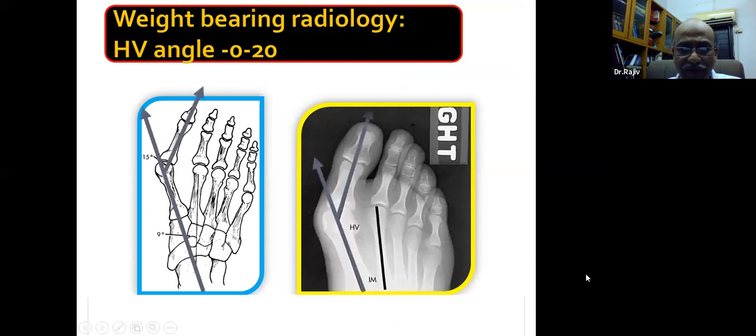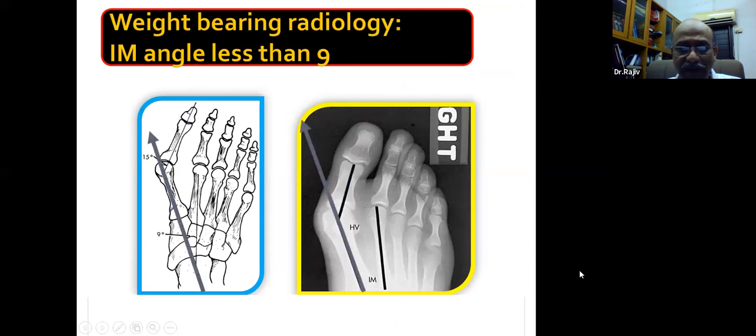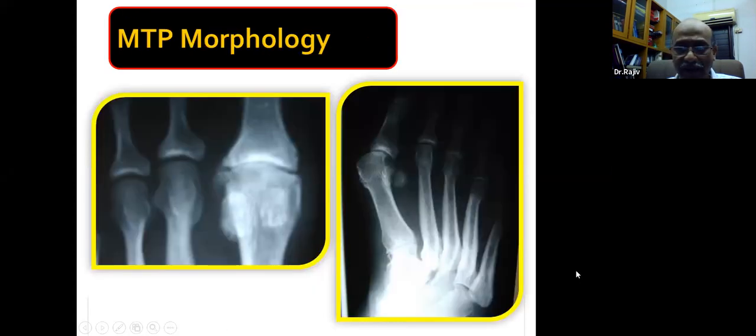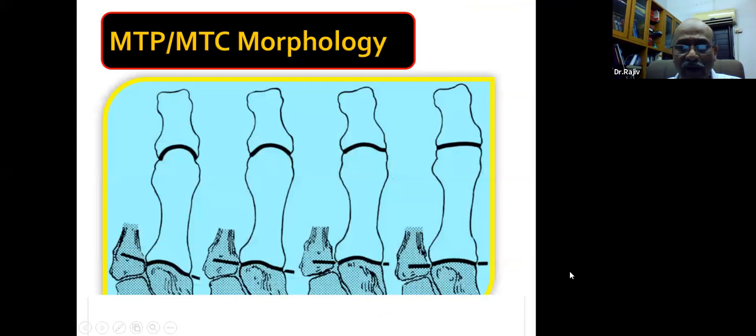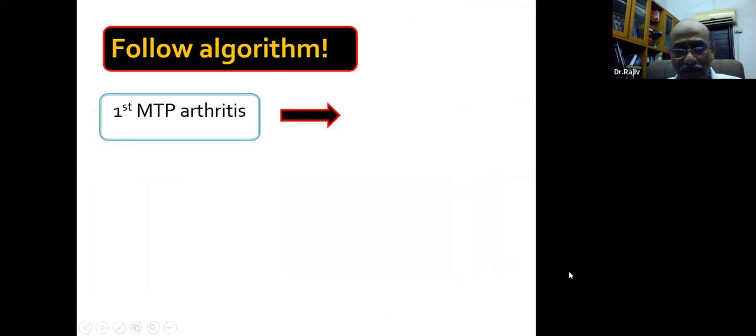This is the hallux valgus angle and this is the intermetatarsal angle. So these are the four important angles which you measure in a weight bearing x-ray. And look at the morphology of your metatarsophalangeal joint. How is the joint and how is the articulation?